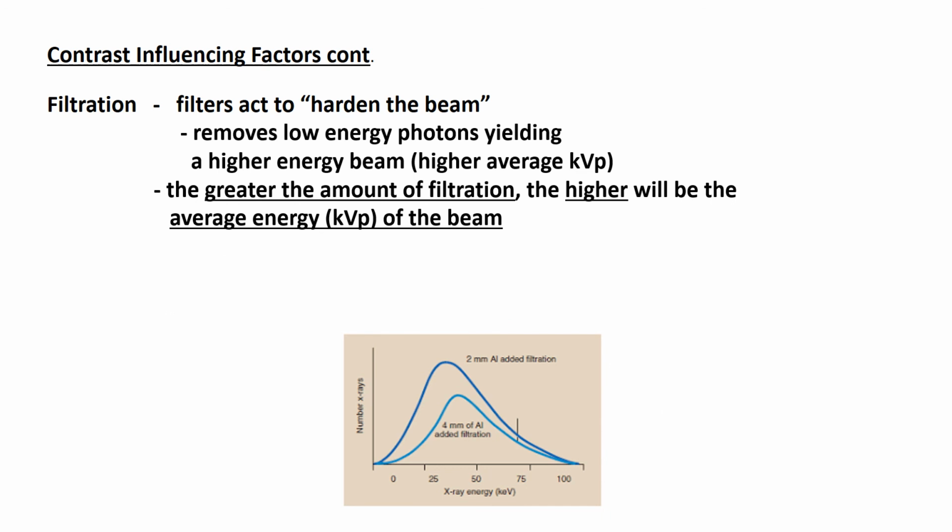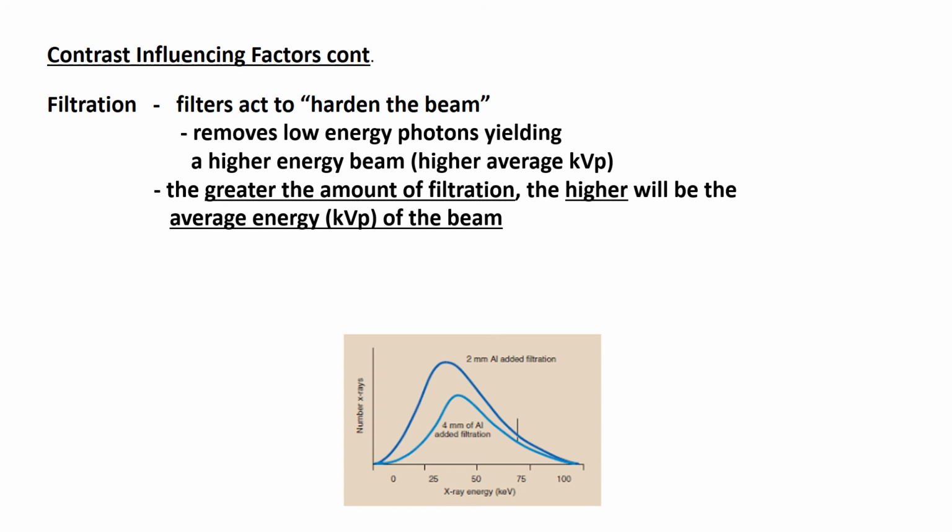The greater the amount of filtration, the higher will be the average energy or kVp of the beam. Look at the X-ray emission spectrum down below. We studied this in the last course. And remember, when you had 2 millimeters, look at the amplitude or height. Look at the top of the continuous spectrum.